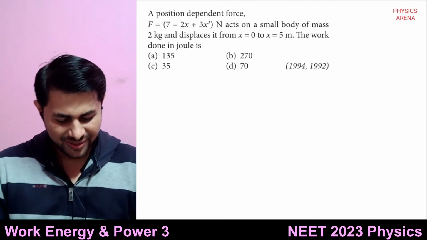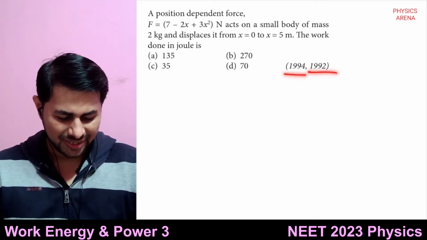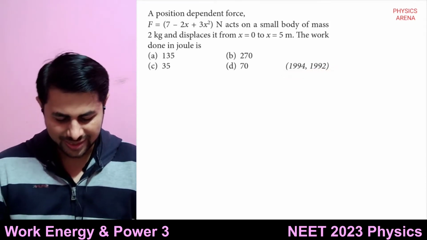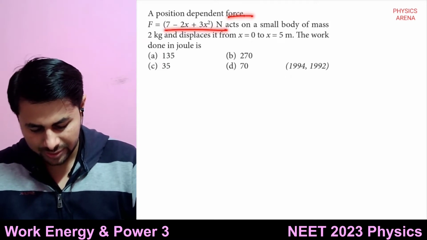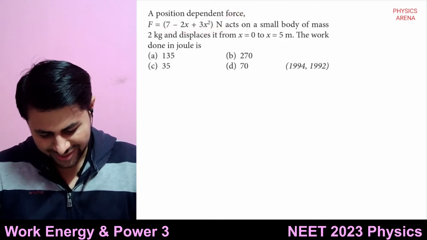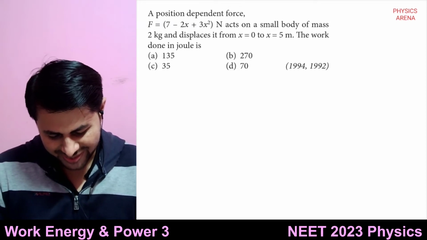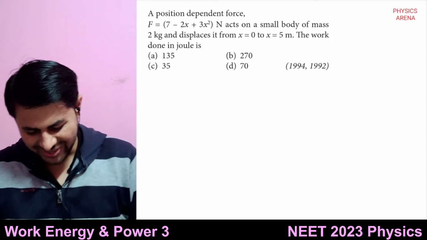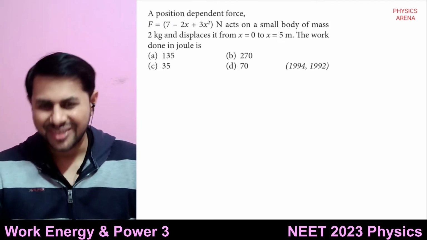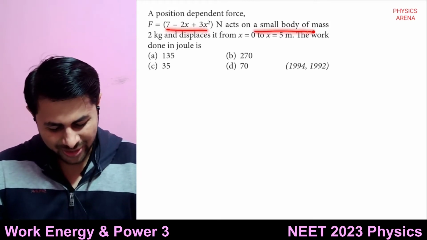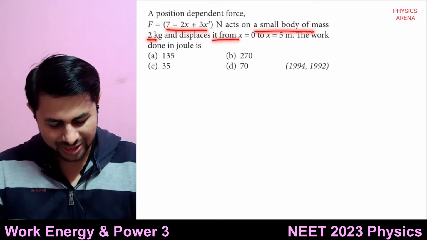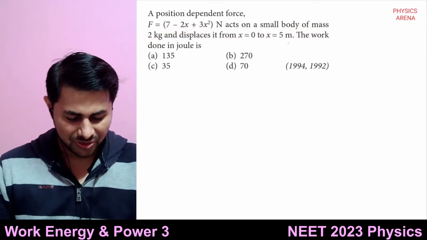So this was repeated in 1992, 1994. Same question with same values. A position dependent force. You solved it so fast. Oh, very good. So a position dependent force F equals this thing acts on a body of mass 2 kg and displaces it from x equal to 0 to 5 meters.